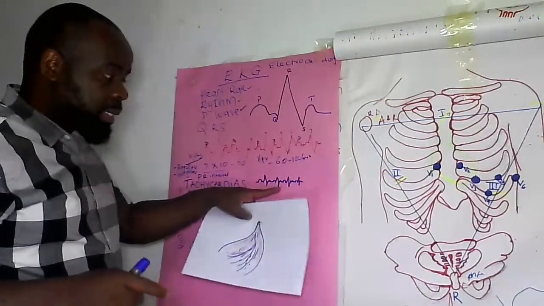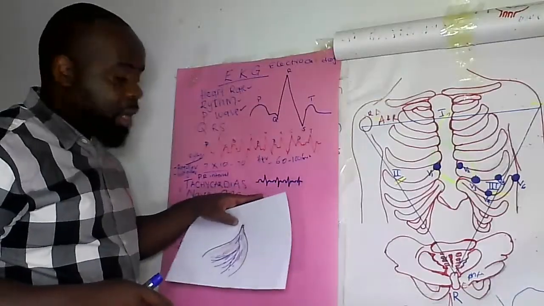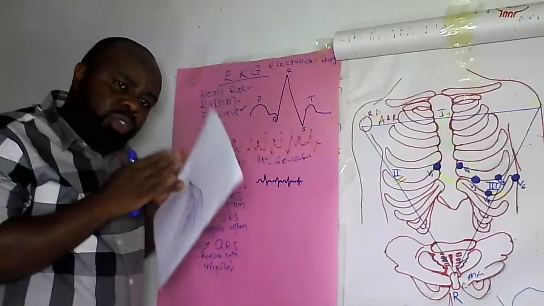But in this strip of the EKG, it has a narrow QRS.